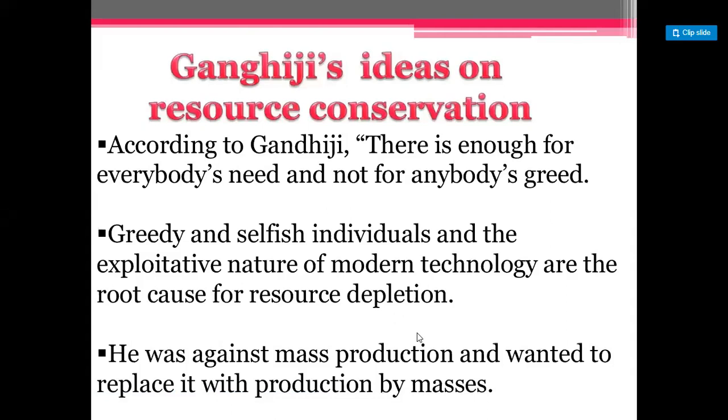Good. But in a simple word, mass production means production by machine. So through machines, we can get production in a large quantity. And production by masses means production by people.